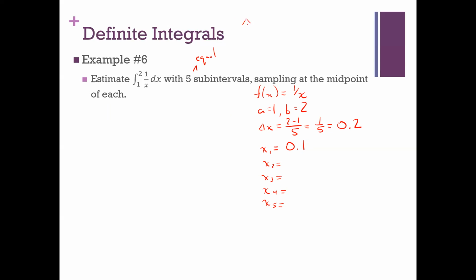Maybe we would benefit from a picture at this point. So 1/x sort of looks like this. I'm going from 1 to 2. Ignore the fact that this is not to scale at all. 1.2, 1.4, 1.6, 1.8, and I think I just realized that our first x value is not 0.1.